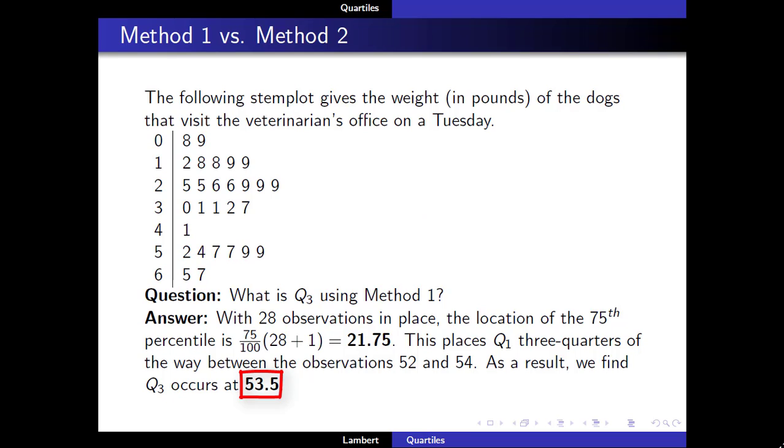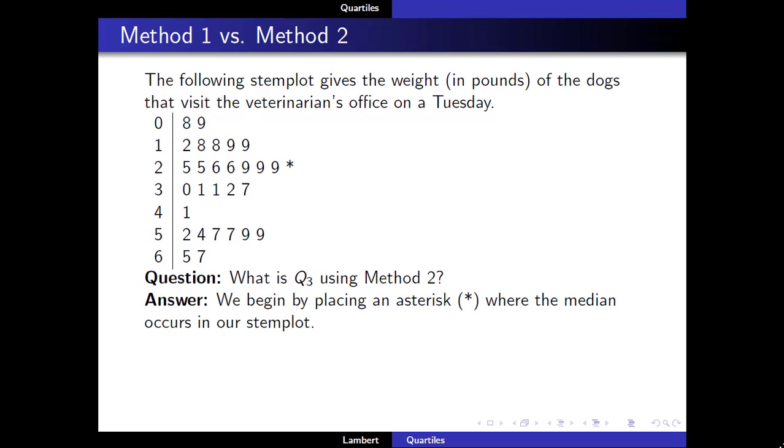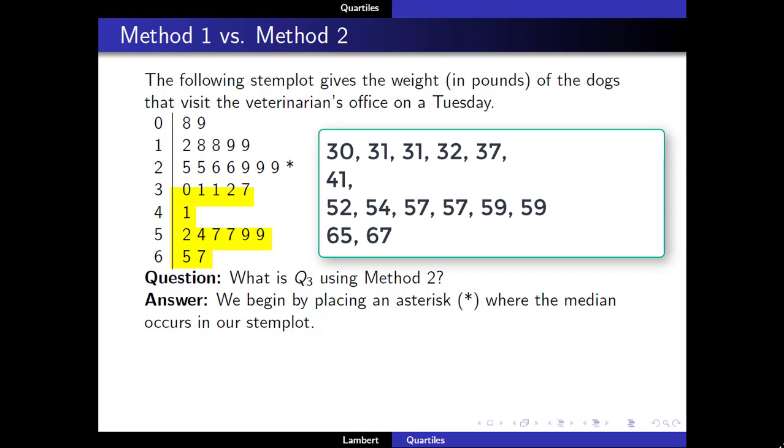We can do Q3 again using method 2, and so once again we'll put our asterisk there. Actually, our median's in the same spot, so now we're just looking at the data values to the right. So it's these highlighted values right here. Of those data values, notice we have 30, 31, 31, and so on.